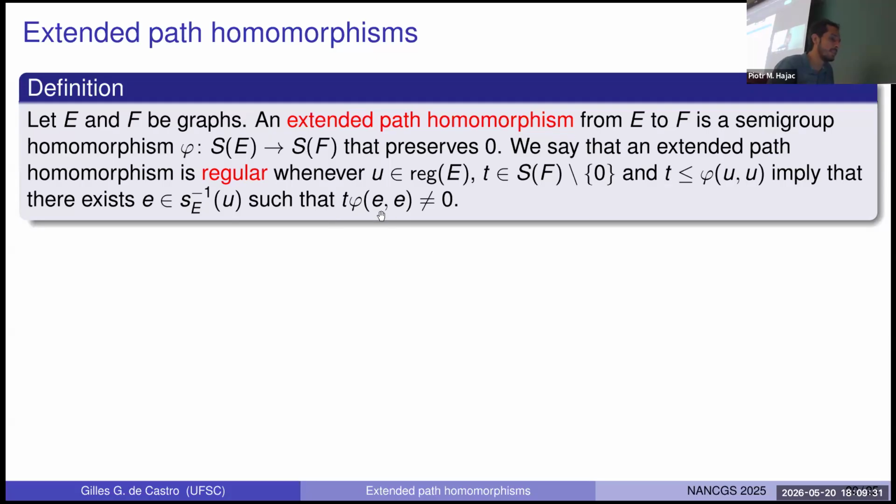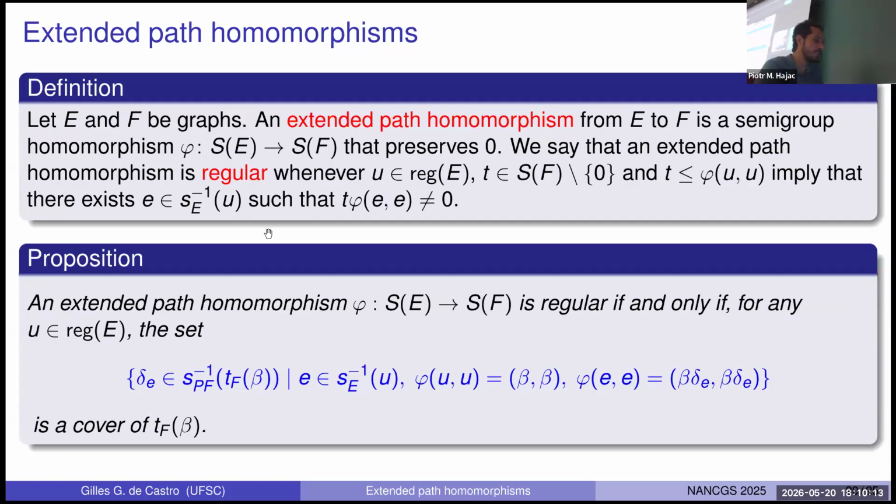In terms of inverse semigroups, we want this product to be different from zero, with the image of phi EE, where E is some edge starting with U. And you want this product to be different from 0. Again, this is very motivated by the definition of cover for inverse semigroups. But if we want to use covers for graphs, we can rewrite this definition in a different way.